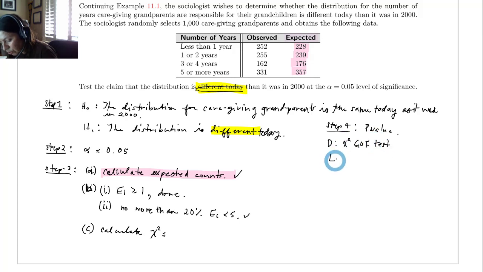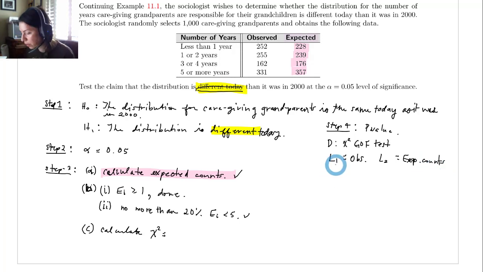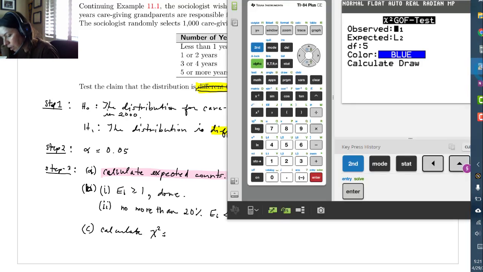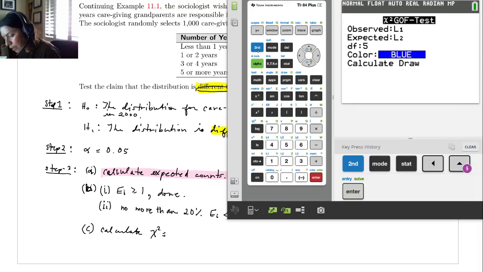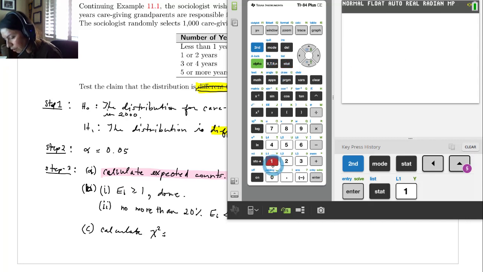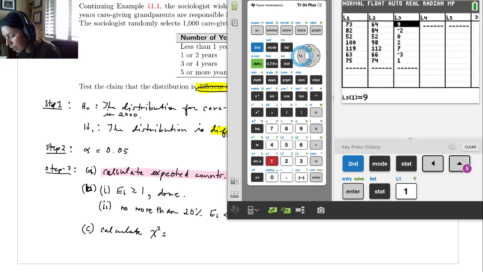The first thing we have to do is put in list 1 the observed, and in list 2 put the expected. And then we can calculate it. So let's go to the calculator and go to Stat and go to Edit. And we can go ahead and clear our list.